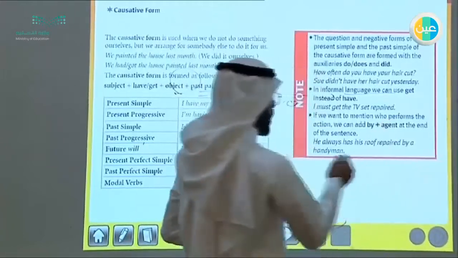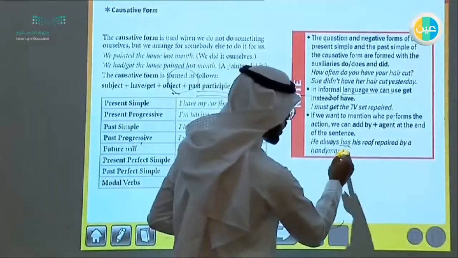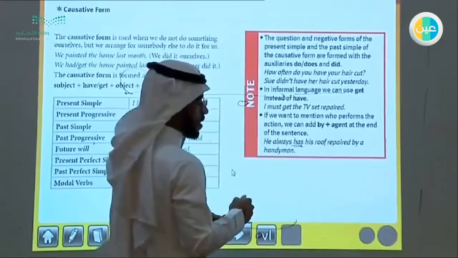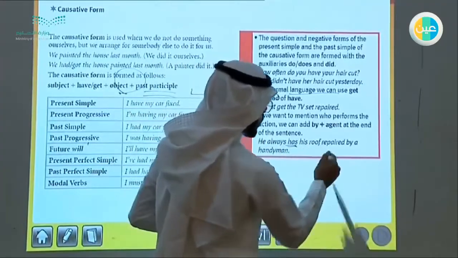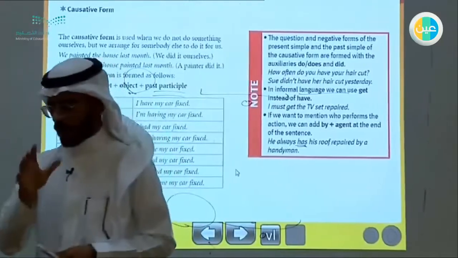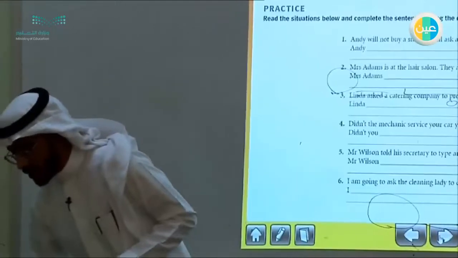Okay, for example, he always has his roof repaired by a handyman. Here I use has because this sentence is in the present simple, so with he it is has. Okay, I hope that's clear. Now let's move to the exercise.